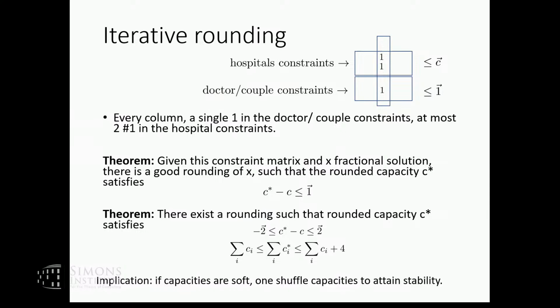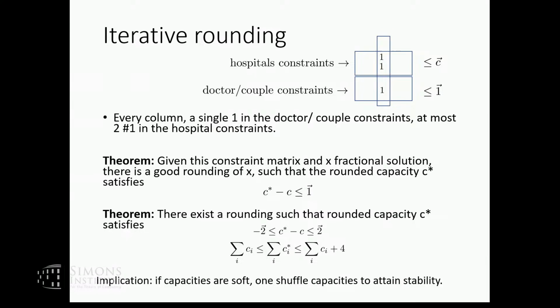So it means that I might increase every hospital by at most 1 position, and I will obtain a stable solution. One weakness of this is that it doesn't give me a bound in the other direction. I want to bound it so that C star is also not too much lower compared with C.